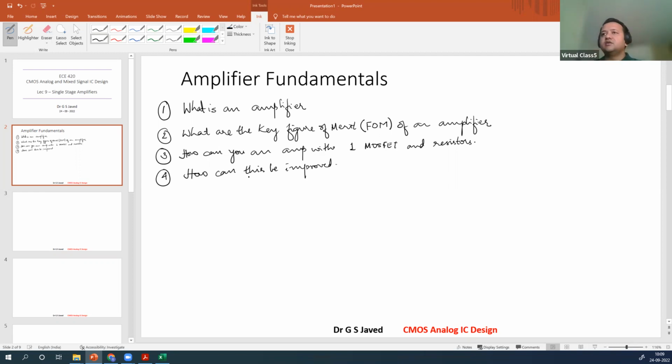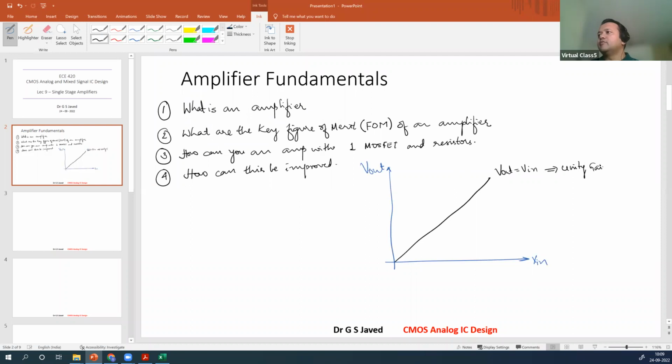Now, what is the easiest way, or as in a graph, to understand what is an amplifier? So this is your V in, V out. So when you need a linear graph, that is your V in equal to V out, this is unity gain, meaning gain of 1, or V out by V in equal to 1.